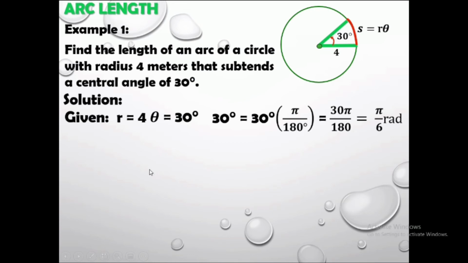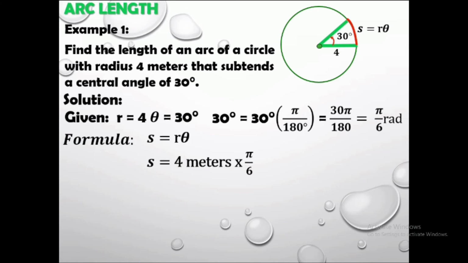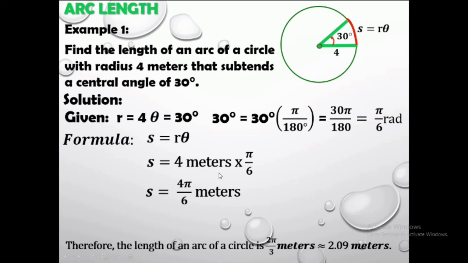Then, we are going to apply the formula for arc length. Then, we are going to substitute the values of radius and theta, which are 4 meters and pi over 6.